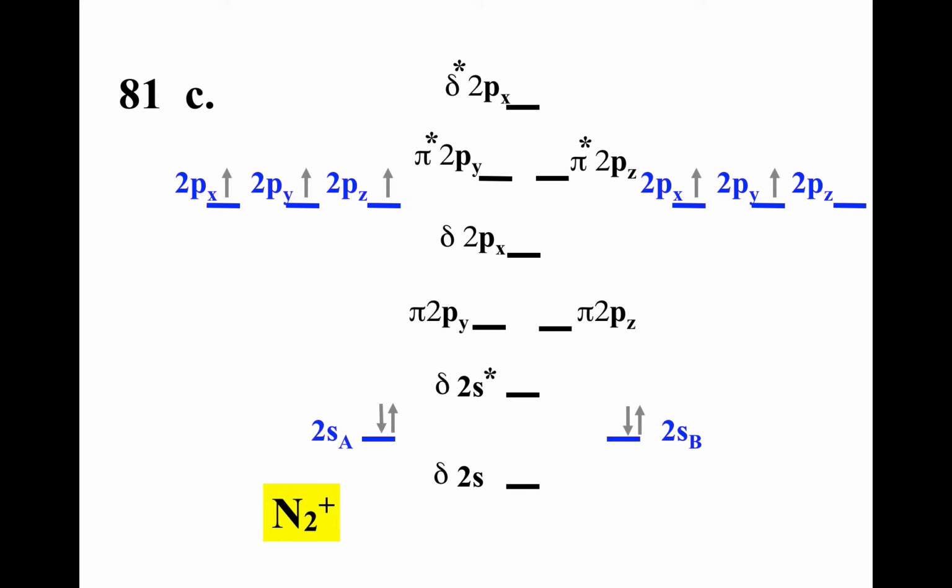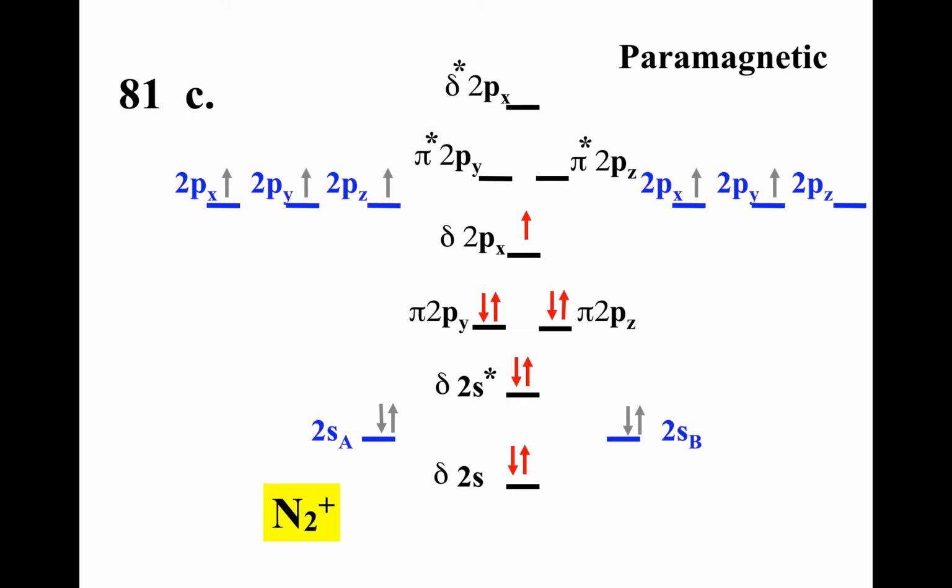Looking at C, N2 plus, I've got 1, 2, 3, 4, 5, 6, 7, 8, 9 electrons to account for here. So they'll go in the lowest energy possible. So the sigma bonding will fill, the antibonding will fill, the pi bonding, and the sigma bonding will get the last electron.